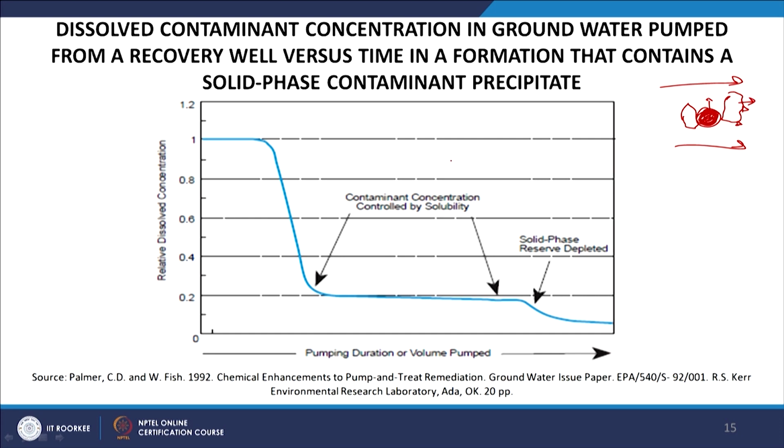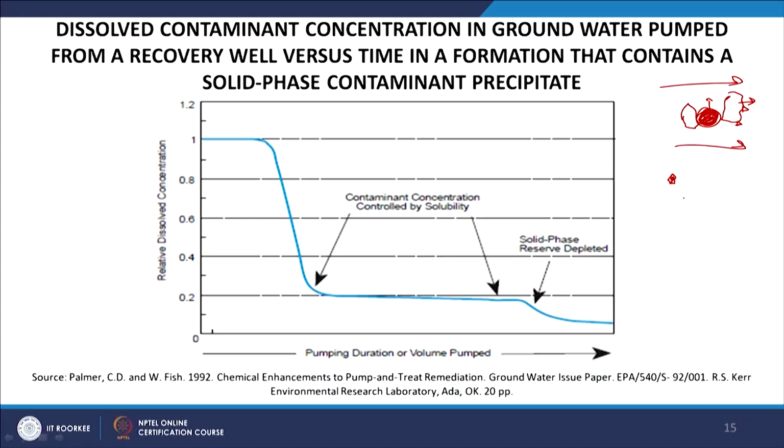Here we have another case, where we have a solid precipitate, as in different forms of chromium that can precipitate out, as in the contaminant can either be in the aqueous phase or in the solid phase by itself. So here I have a case where it is in the solid phase. Earlier, when I had all three phases, it was the NAPL phase, the phase adsorbed onto the soil, and the aqueous phase.